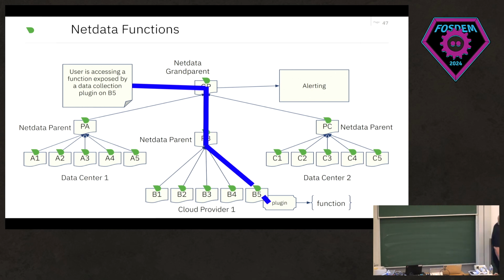So we built the protocol in such a way so that you go to the grandparent, and you ask for this function to be run on this node. It does. Actually the whole logging system that we have, systemd journal, is built like this. There is a systemd journal plugin there that exposes logs.